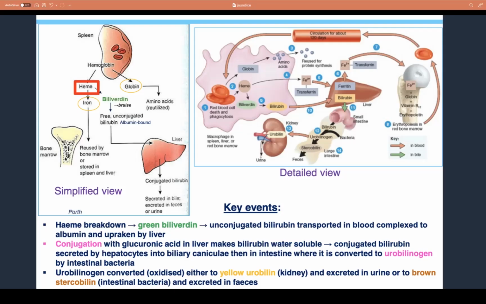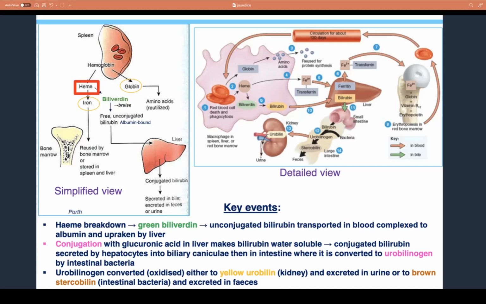So before we start to understand a little bit about the causes, it's really important to go over how bilirubin is made and what happens to it in our body. So our red blood cells stay in our circulation for around 120 days, and they break down in our reticuloendothelial system, such as our spleen, where they get broken down into hemoglobin.